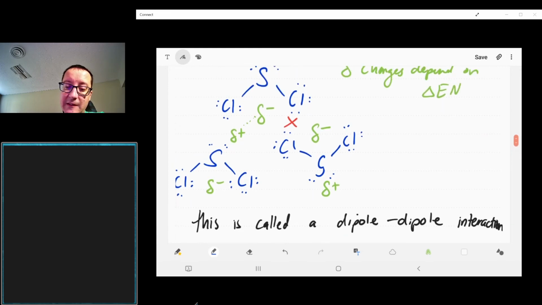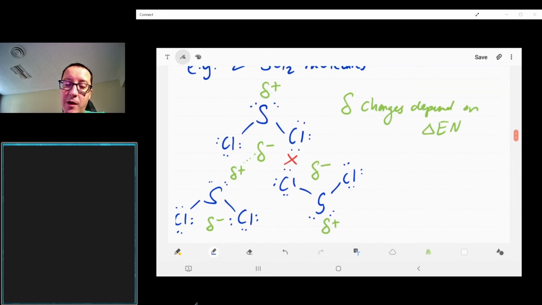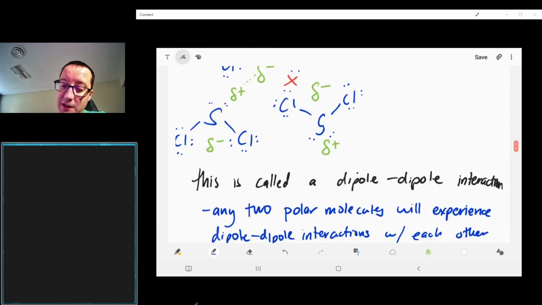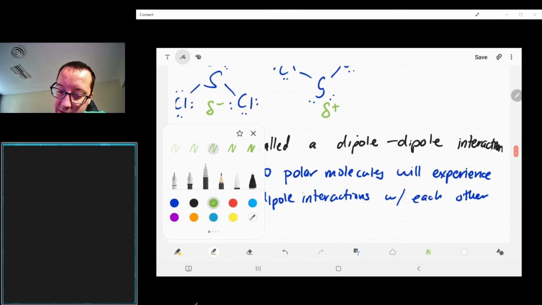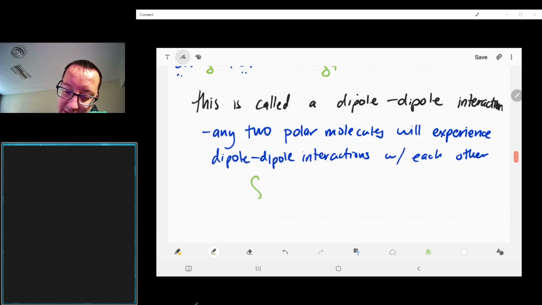All right, and so again, this is kind of what it looks like. We have a partial positive and a partial negative interacting together. So just so you know here, that's a partial positive and a partial negative attraction. All right, so probably the easiest case for our methods of interacting together.